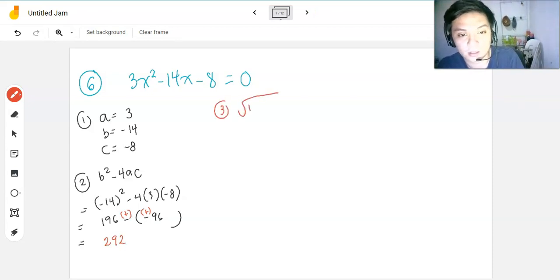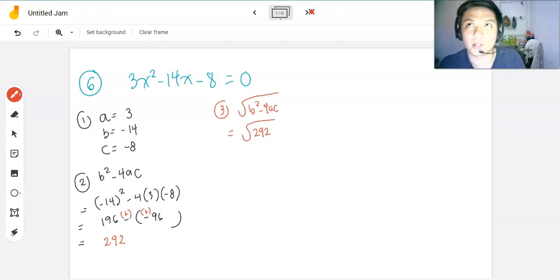So square root ng b squared minus 4ac. So anong square root ng 292? Ayan. So, definitely, hindi siya perfect square number kasi, ano bang pinakamalapit na perfect square sa 292?